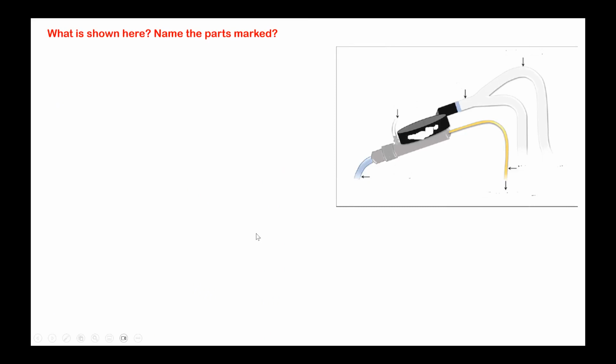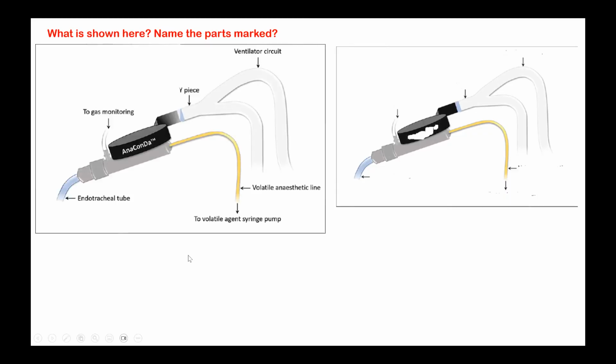Now, can anyone identify this? Somebody said the name in the beginning of the class. Anaconda vaporizer. Anaconda vaporizer, very good. So this is the Anaconda vaporizer, which is used mostly in the ICU for sedation nowadays. Instead of using parenteral sedative agents for patients on a ventilator, they use this.